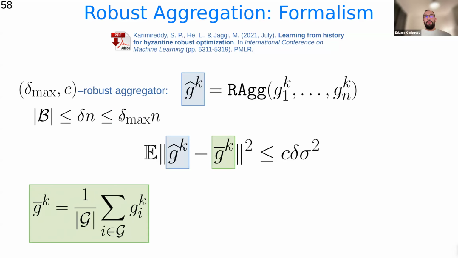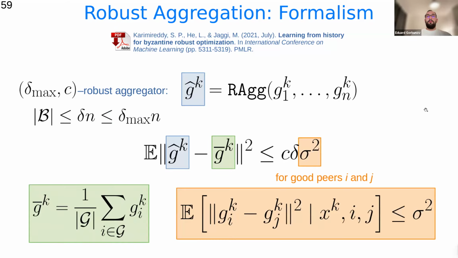Delta is assumed to be smaller than some delta max. Delta max here can be used in the construction of the robust aggregation. And sigma squared is just the pairwise variance between good workers. This definition makes sense because the fewer Byzantines we have, the tighter the approximation should be. Also, if the variance between good workers is small, meaning that they are well concentrated around each other, then it should be easier for us to, in some sense, filter out Byzantines.